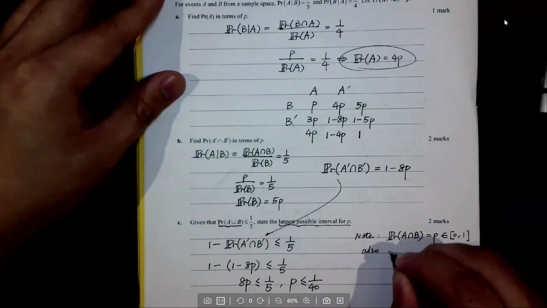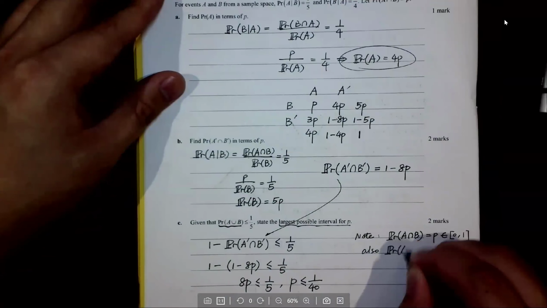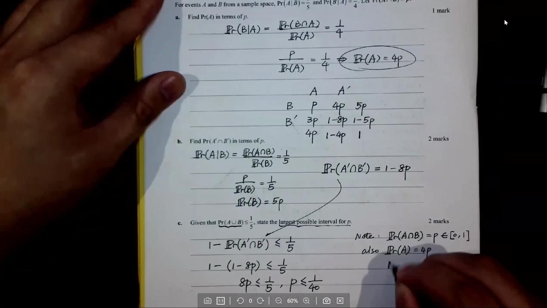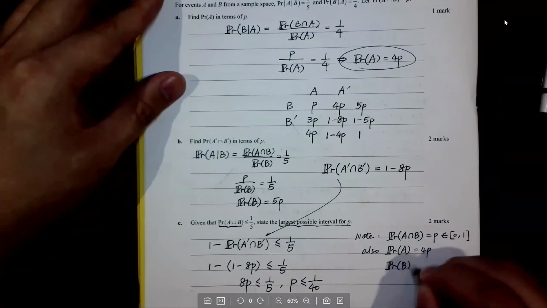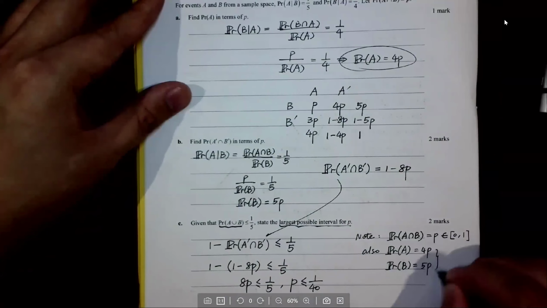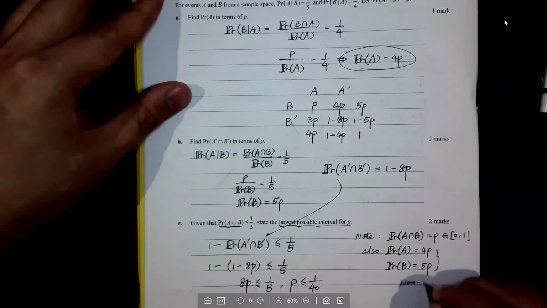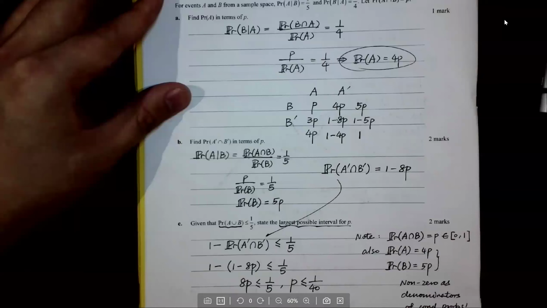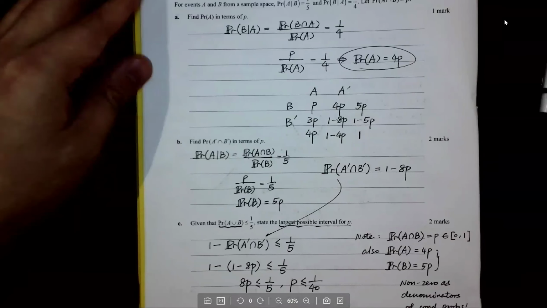Just mention also probability A equals 4P, probability B equals 5P, non-zero as denominators of the conditional probabilities. Therefore, your P must be larger than 0.